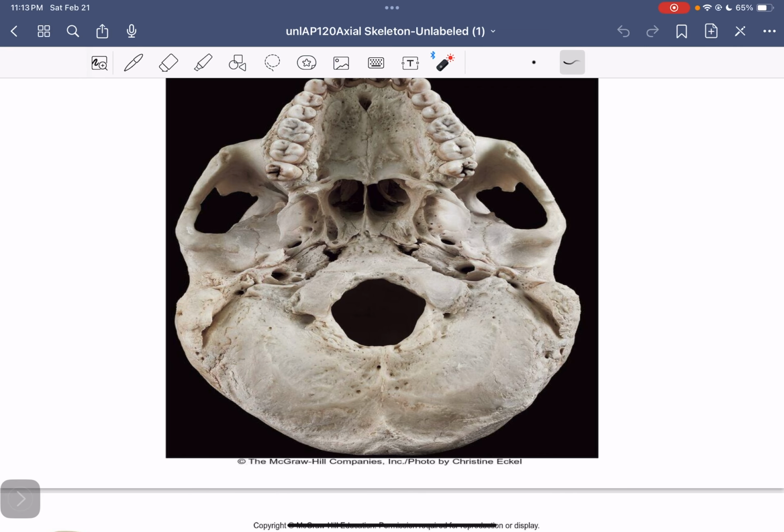Over here, our styloid process is teeny tiny, but essentially it would be immediately medial, immediately inferior to our foramen ovale. So here's your foramen ovale, immediately go to the back. This would be our carotid canal.